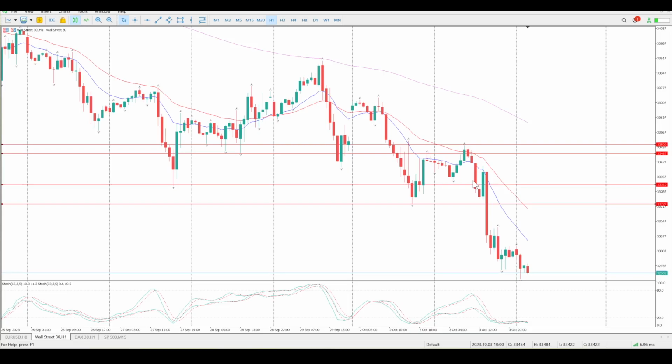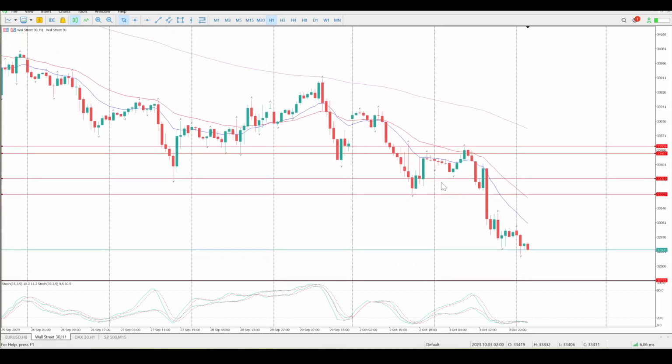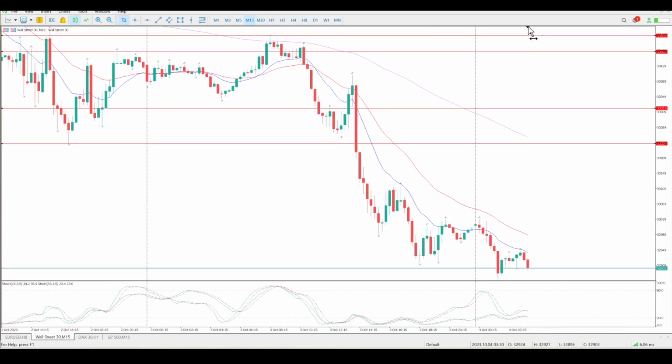So we'll look at this on the 15-minute. There's no other structure here on the hour, so it's really difficult because you're forming a flag here, pretty much a bull flag, and the target is this top here. Let's see if there's something on the 15-minute that we need to pay attention to.